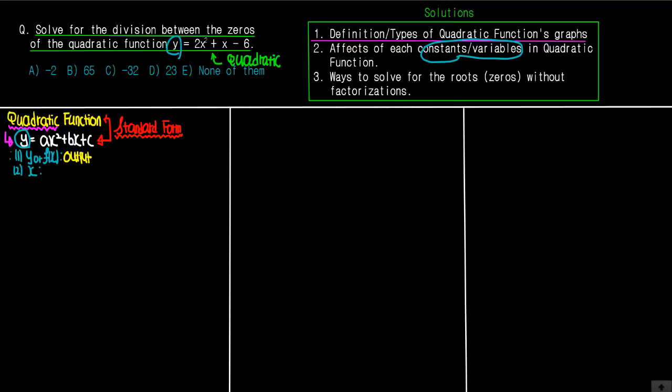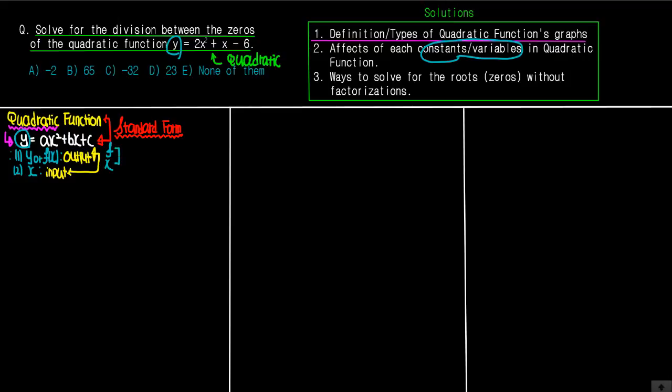Our x value is the input of our quadratic function, where we input some specific values. The reason why the input and the output are so important is because we notate our y value as f and our x value as x.